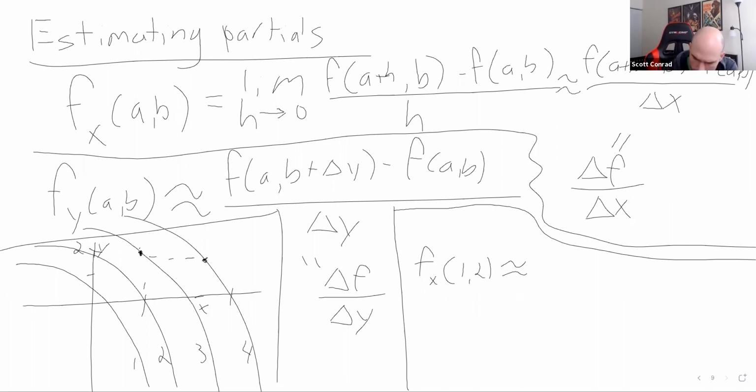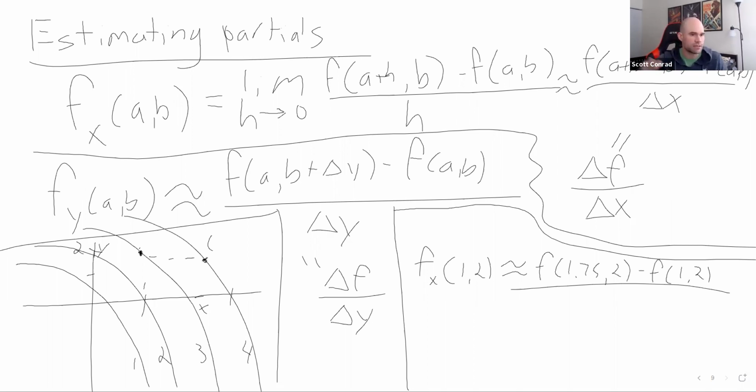So when we go along our level curve, we were at the point (1, 2). We went over to about 1 3/4, so 1.75, let's say, and y is still 2. We look at how our function changed, and then divide by the change in x.